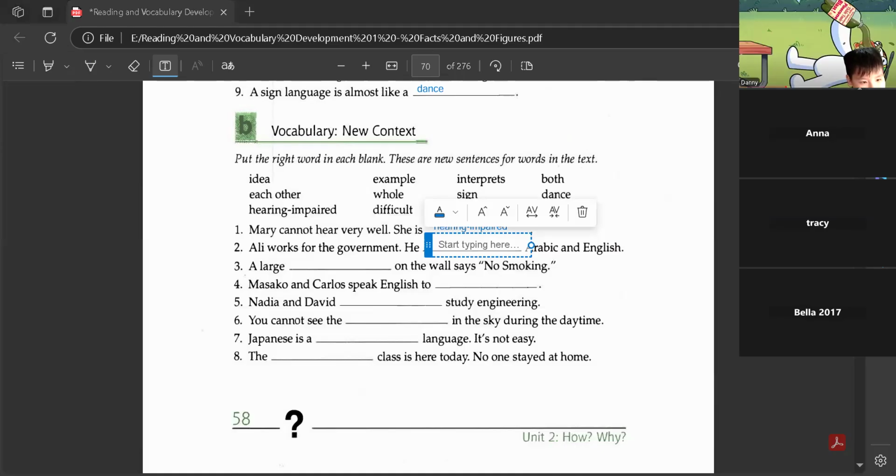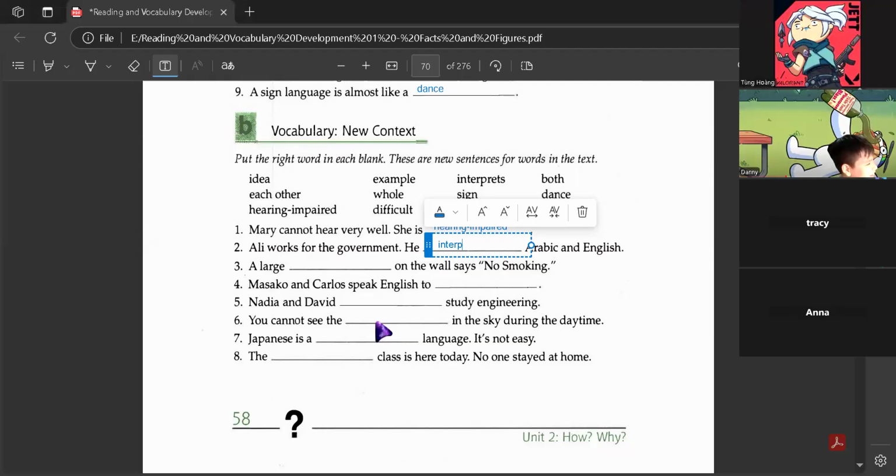We should write the word that has the same meaning as understand. Which one? It should be a verb. How about the word... yeah, very nice. Interprets.